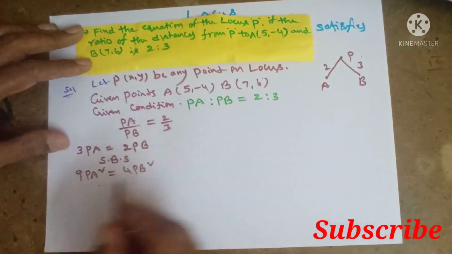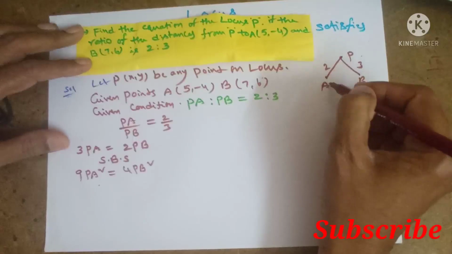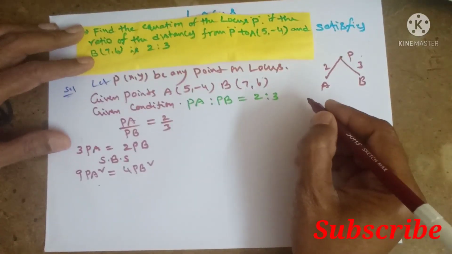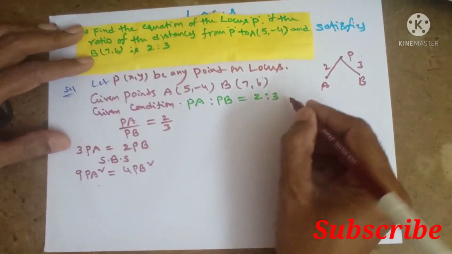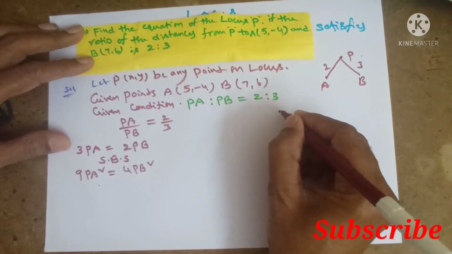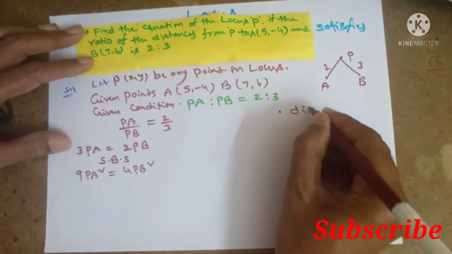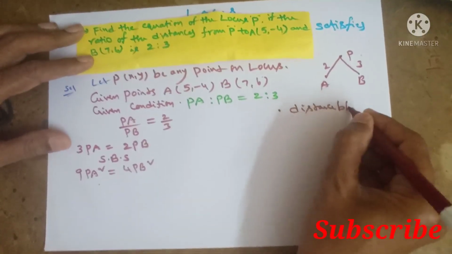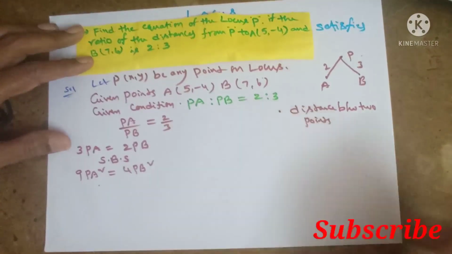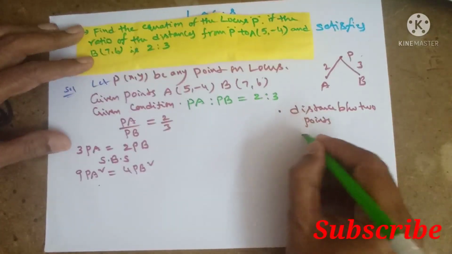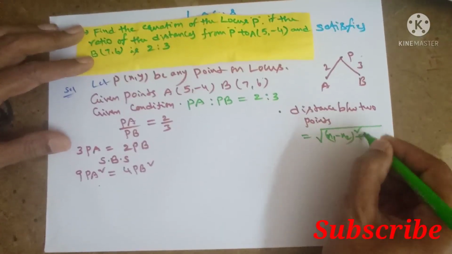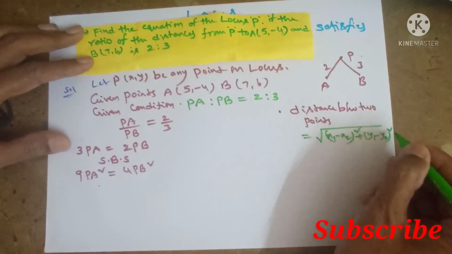So actually PA means the distance from P to A. We have to learn the very important formula, the distance between 2 points formula. So PA is equal to, what is the distance between 2 points formula? This is under root of x1 minus x2 whole square plus y1 minus y2 whole square.